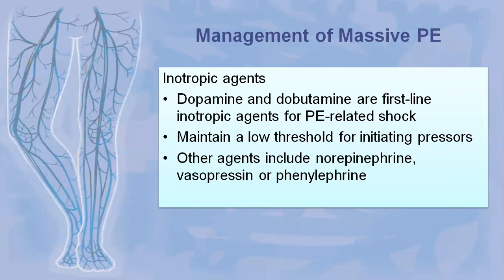Inotropic agents: you can start your patient with dopamine and dobutamine, which are first-line inotropic agents for pulmonary embolism-related shock. Normally, you maintain a low threshold for initiating pressors. Other available agents are norepinephrine, vasopressin, or phenylephrine.